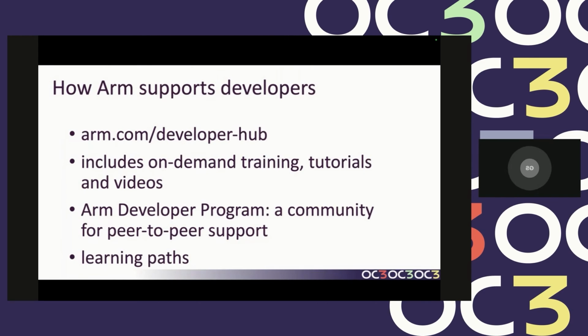So what kind of materials does ARM provide to support developers? Well, if you visit arm.com/developer hub, you will see a range of content, including training, tutorials, videos, and also a link to a vibrant community of thousands of developers, where it includes a forum, a chat function, where you can share your ideas and support each other and request support from ARM experts and experts within the wider community.